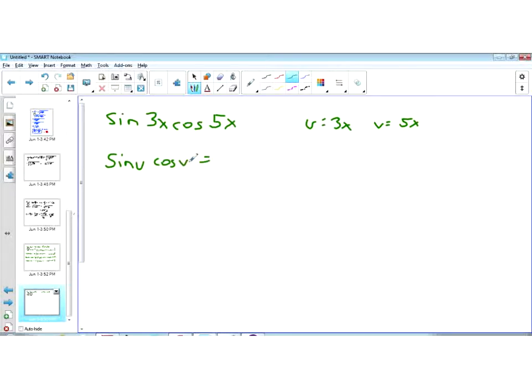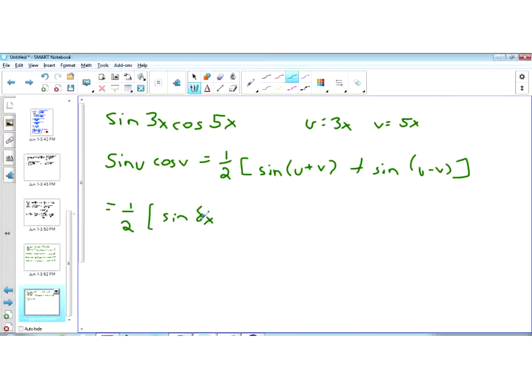And so we recall that the sine of u times the cosine of v is 1/2 times sine of u plus v plus the sine of u minus v. Okay, and so plugging in the values, that would be 1/2 times the sine of u plus v, which is 8x.